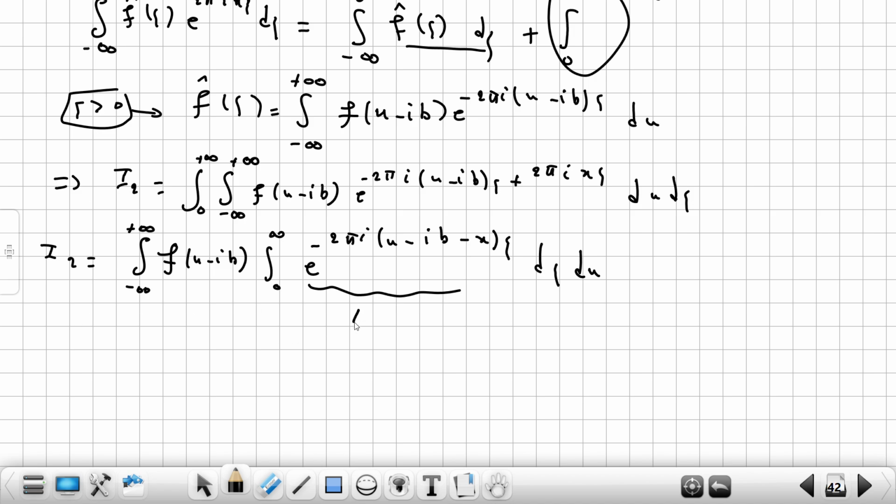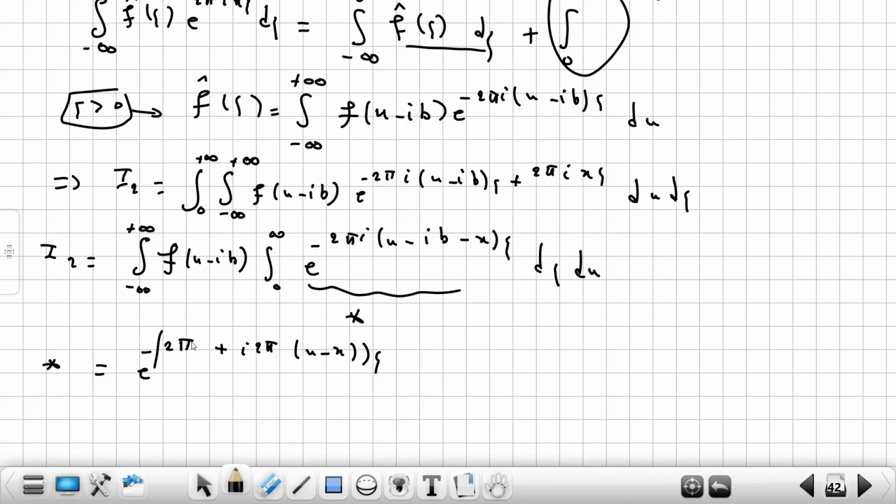Now this term here, call it star, can be written as follows: e to the power minus 2 pi b minus x times xi plus i 2 pi (u minus x) times xi.